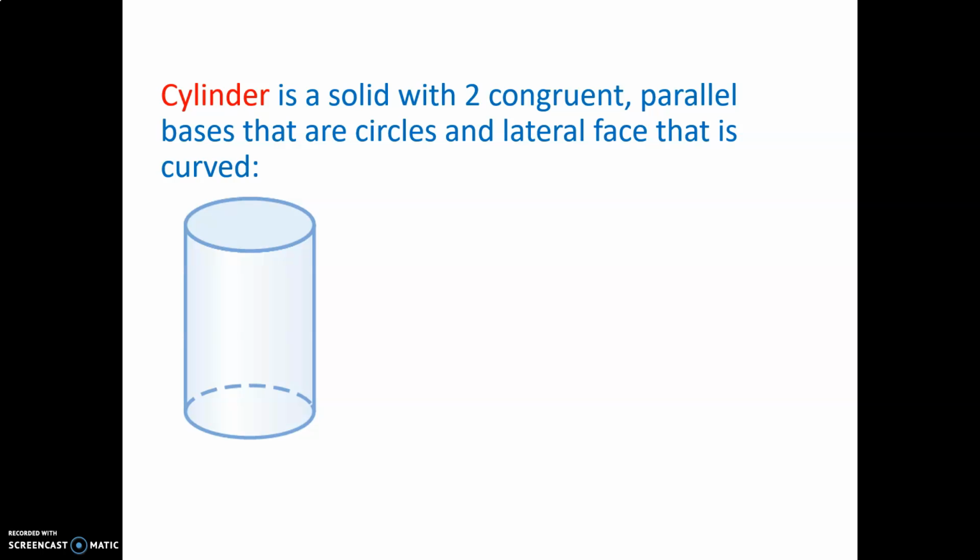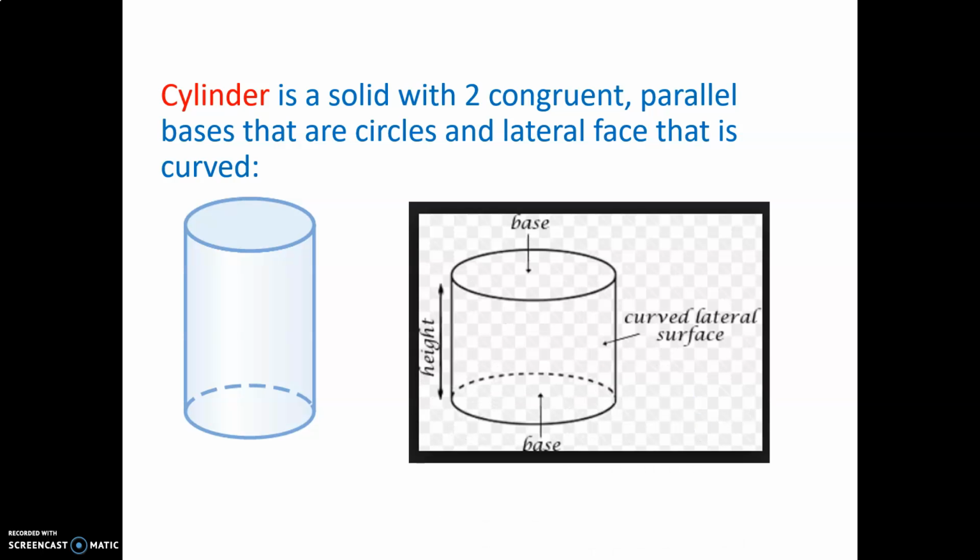pi r squareds, and a lateral face that is curved. Okay, so now, we're going to talk about this later also, but if this is like a soup can and it has a label on it that's paper, if I cut that and then open it up, I don't have a great drawing here, but it's going to be a rectangular piece.